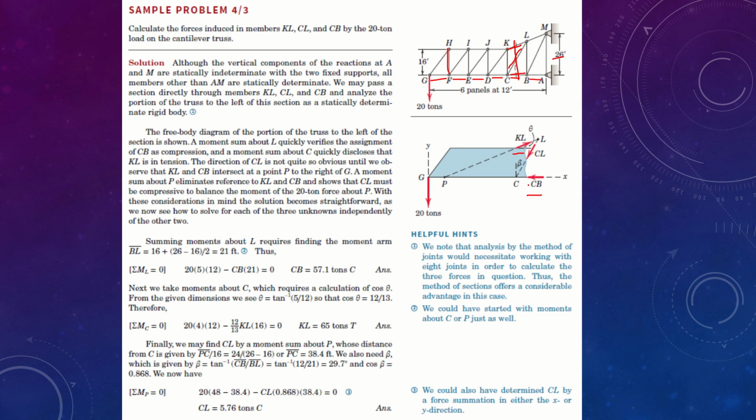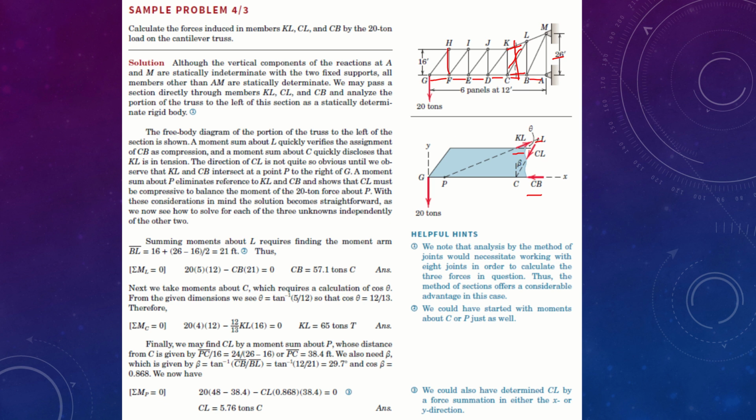Then we also need to find a point which is going to eliminate the maximum number of unknowns. To begin with, let us start with point L, assuming the sum of moments about point L is 0 for this particular section.